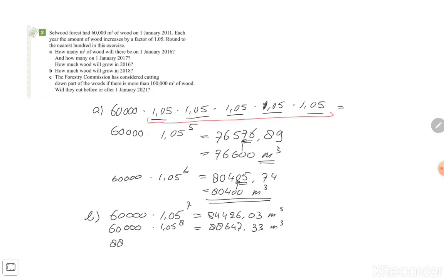So 88,647.33 minus 84,426.03 is equal to 4,221.3, but we need to round to 100, so the last two numbers need to be 0, so it's 4,200 cubic meters. And that's the answer for exercise B.